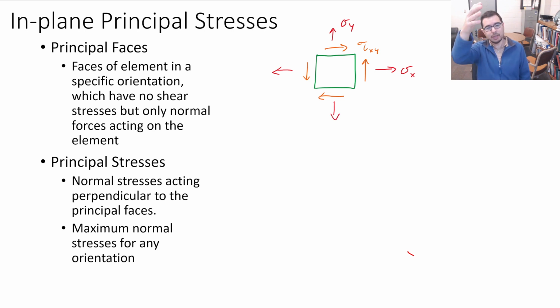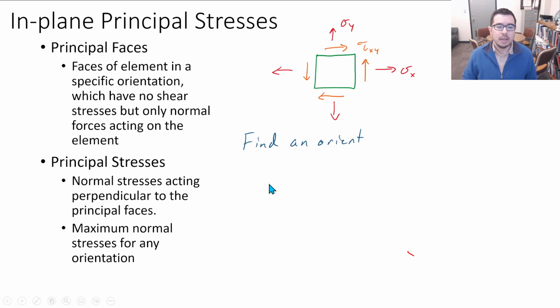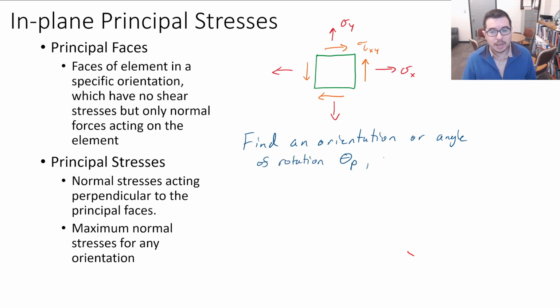Now, what do we mean? We start with a general element, and obviously there are shear stresses drawn here, right? They could be 0, but whatever. This is an arbitrary planar element in plane stress. And what we're saying is that we can find an orientation of rotation, usually given by theta p, such that we only have normal stresses.